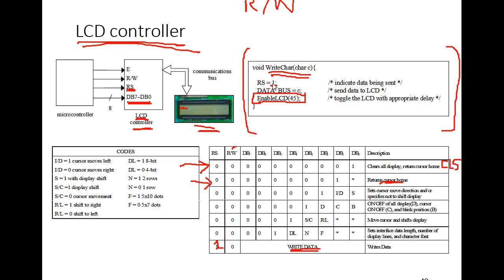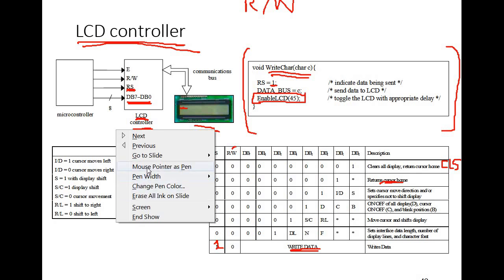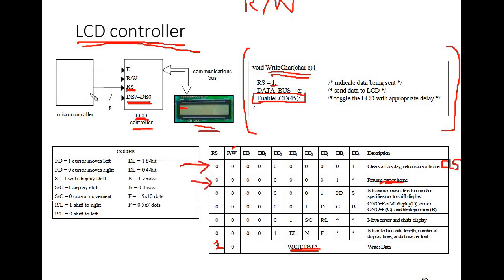So RS is set to 1, and whatever character we want to write is placed on the data bus lines, which are DB0 to DB7. This would be connected to the microcontroller's 8-bit port, right? So this would be an 8-bit port to the microcontroller, which would be connected to DB0 to DB7.